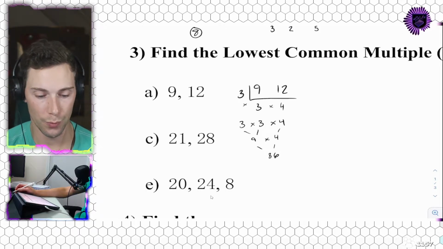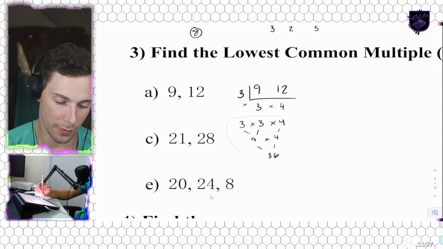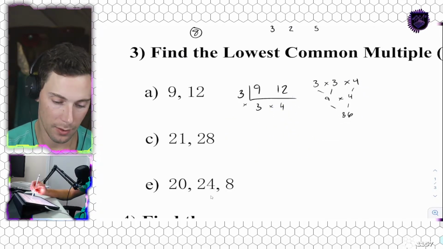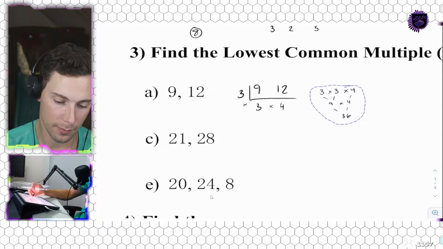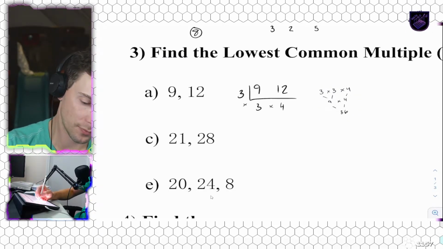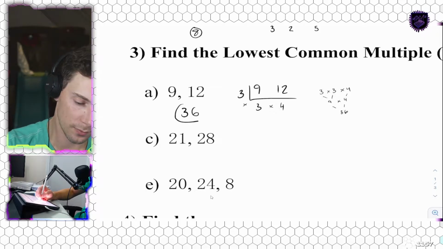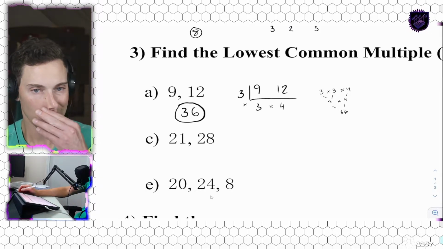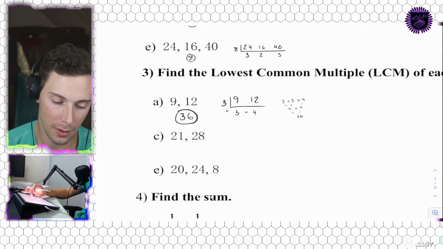I'm going to move that, I guess. So my lowest common multiple is going to be 36.